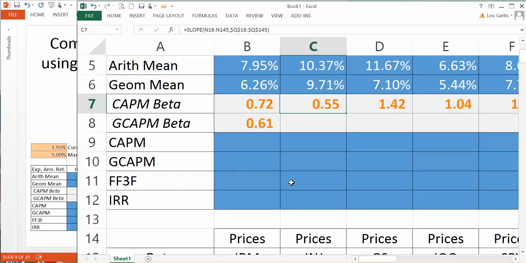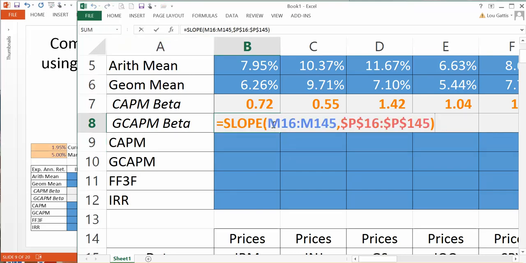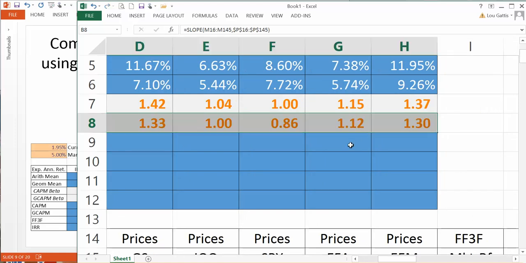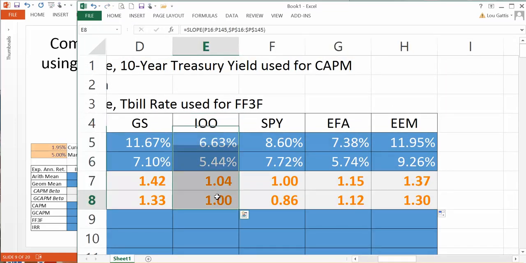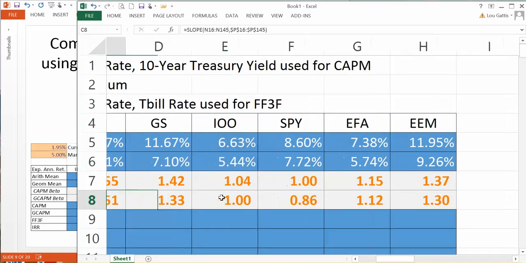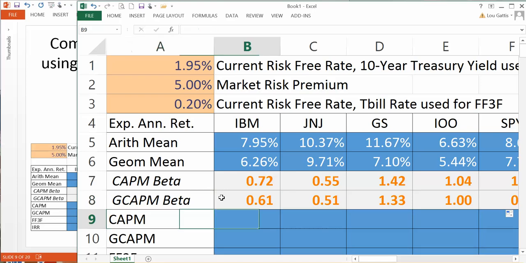So now I have a slope of IBM's returns against IOO's returns, and I can copy that over, and you'll see the beta between IOO and IOO is 1. That's why I know I got it right. And those are my global CAPM betas.